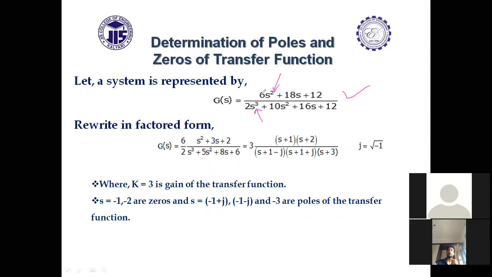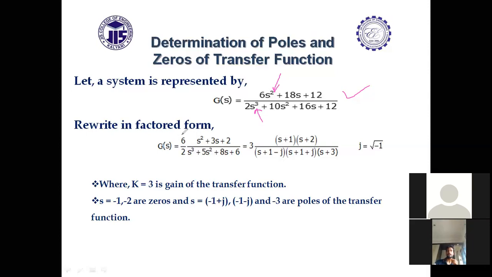We will take 6 common from the numerator, as the highest power of s is associated with a coefficient of 6. Similarly, in the denominator, the highest power of s is associated with a coefficient of 2. So in the denominator we'll take 2 common, in the numerator we'll take 6 common.